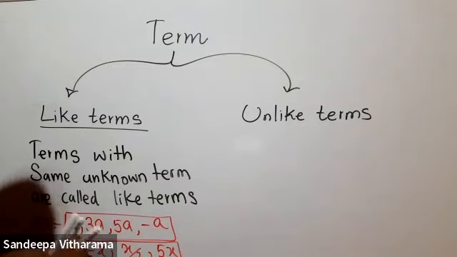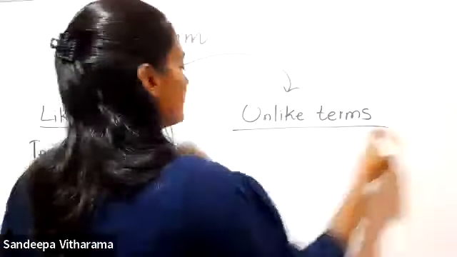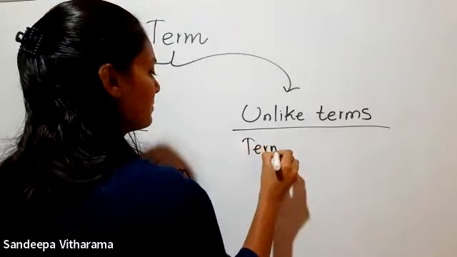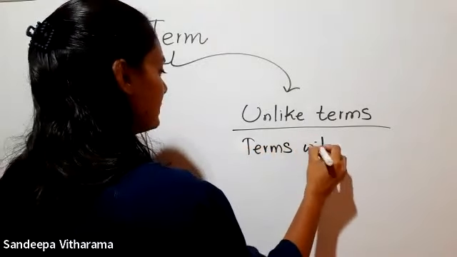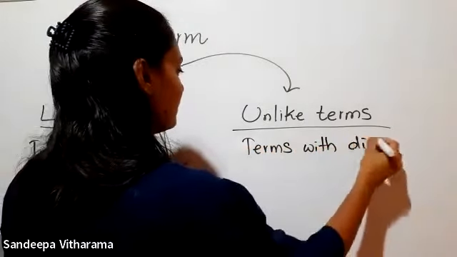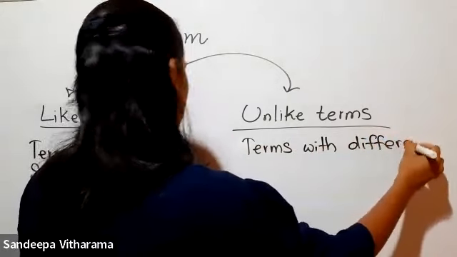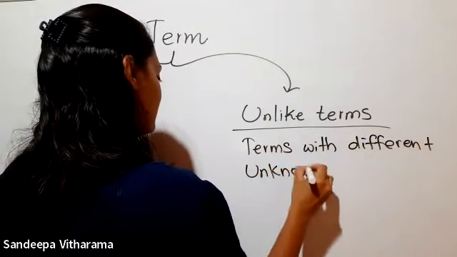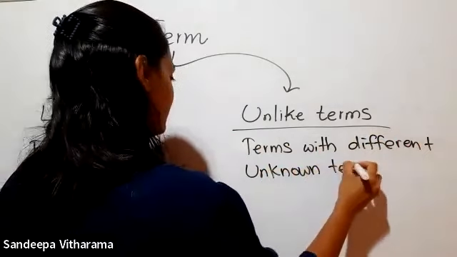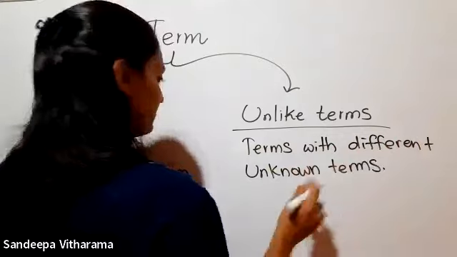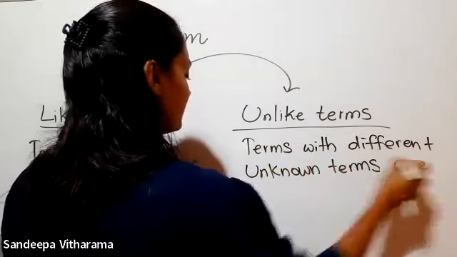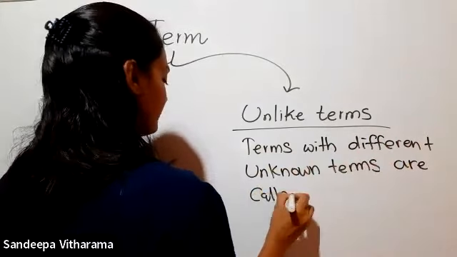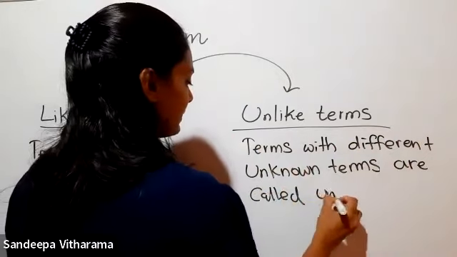Then unlike terms are terms with different unknown terms. Different unknown terms are called unlike terms.